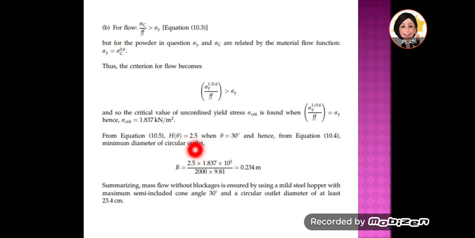Because the equation for minimum outlet diameter requires the critical value. So we solve for the critical value, and then we also calculate the h theta. At theta equals 30, the h solves to 2.5, and then we can find B. Therefore, mass flow without blockages can happen when the semi-included cone angle is 30 degrees and the circular outlet diameter is at least 23.4 cm.